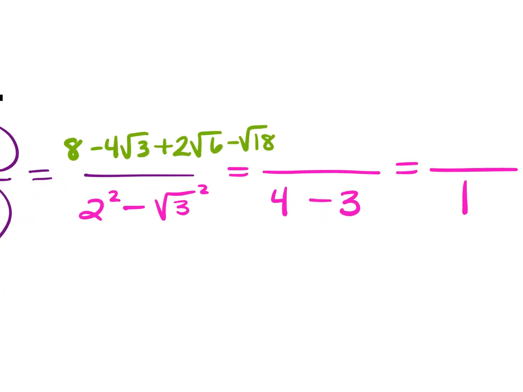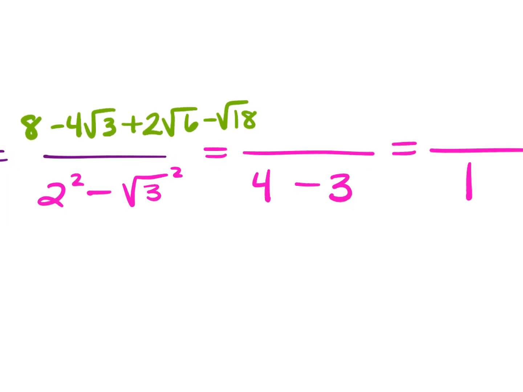Okay, give me a second to get caught up on that. Okay, so now we simplify that. This one doesn't simplify quite as nicely as some of the other ones have simplified, but that's okay.